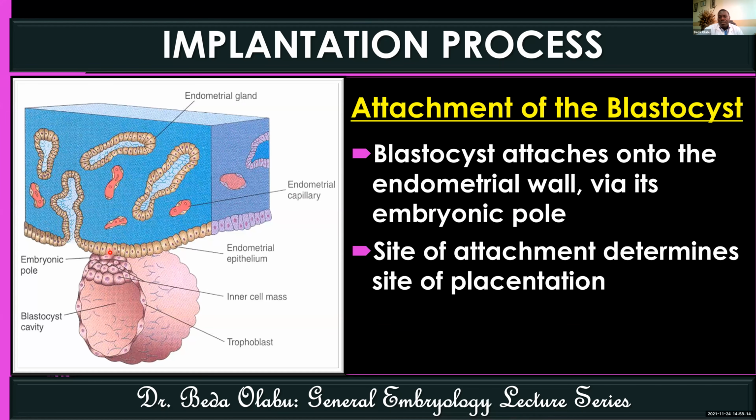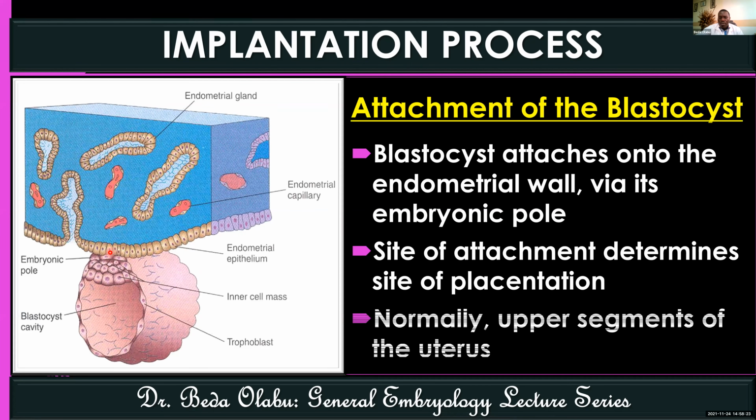The site of attachment determines the site of placentation. Normally, as I told you, this attachment will be in the upper part of the uterine segments, and so most of the time the placenta will be fundo-anterior or fundo-posterior.